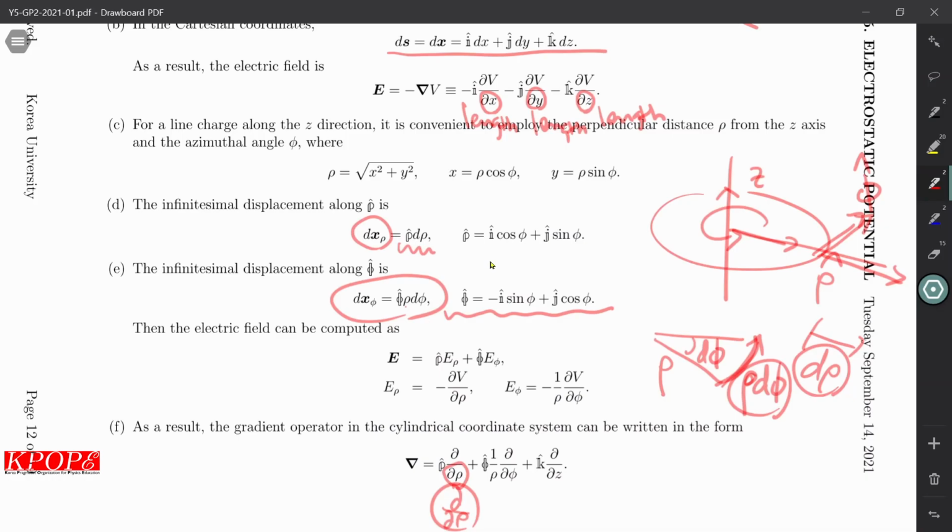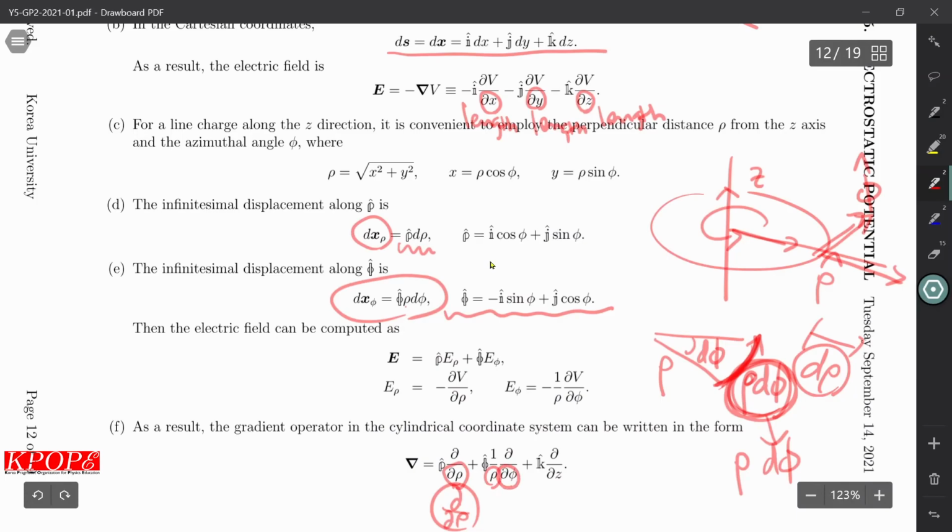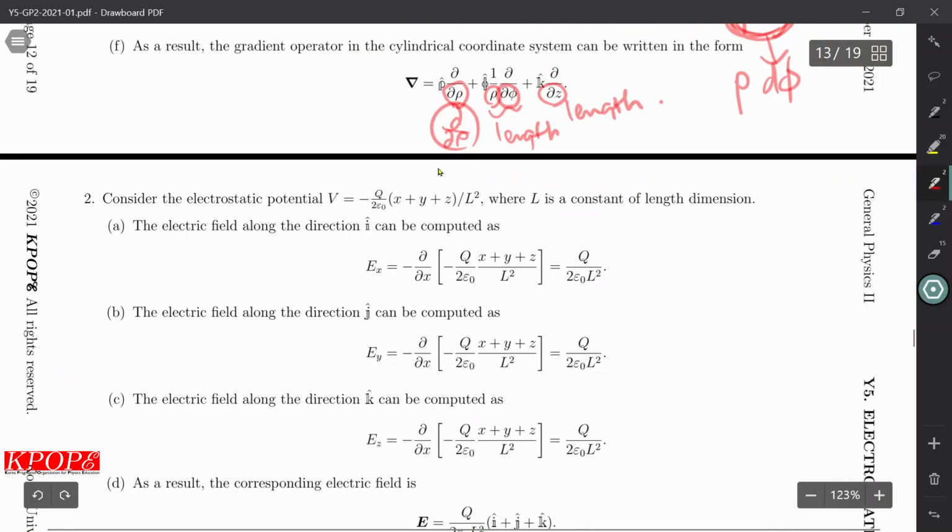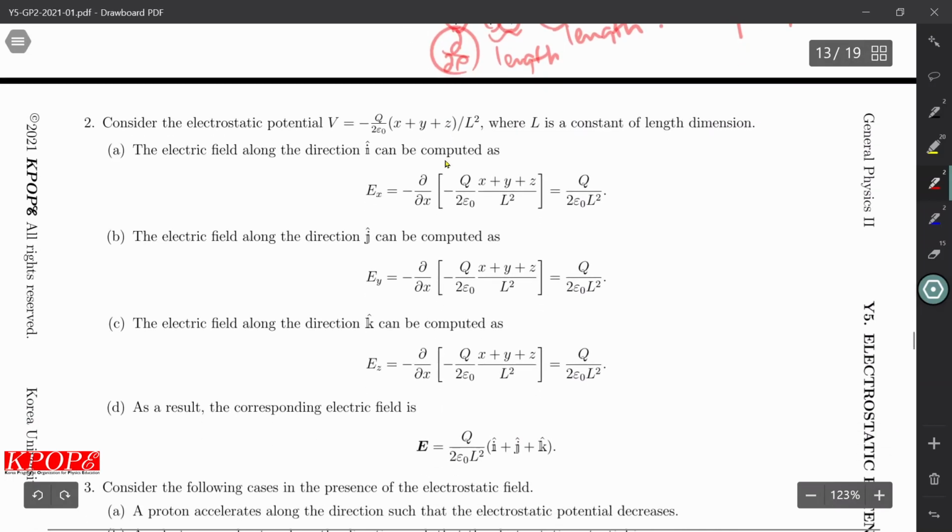But if it is an angle, then you have the displacement length dimension, the product of angle multiplied by the radius. So radius times angle, that is the displacement. So this length, you take the derivative with respect to length. Along the z direction, z is not an angle but just a distance scale, so this is length. Okay.